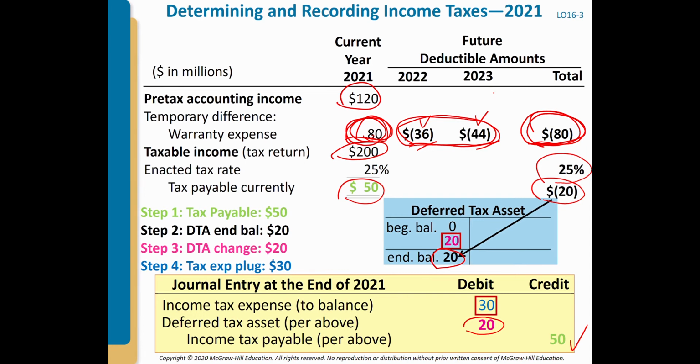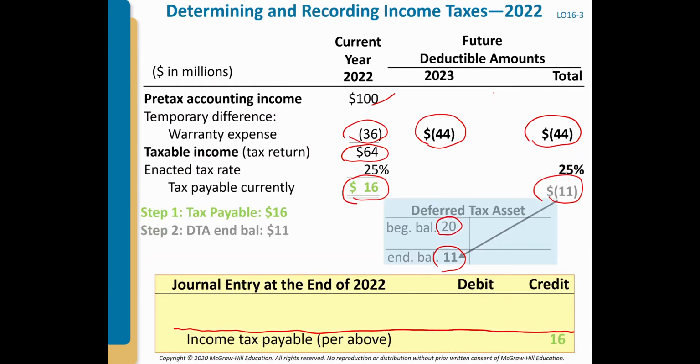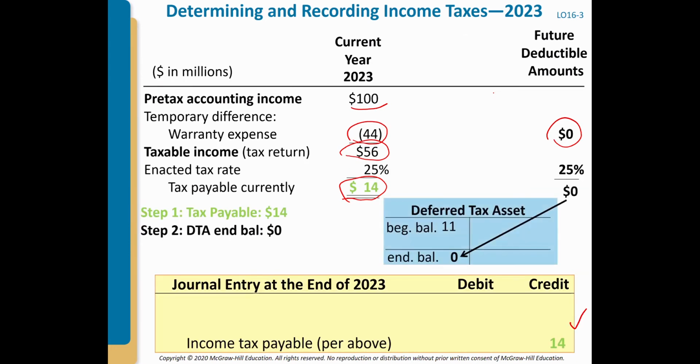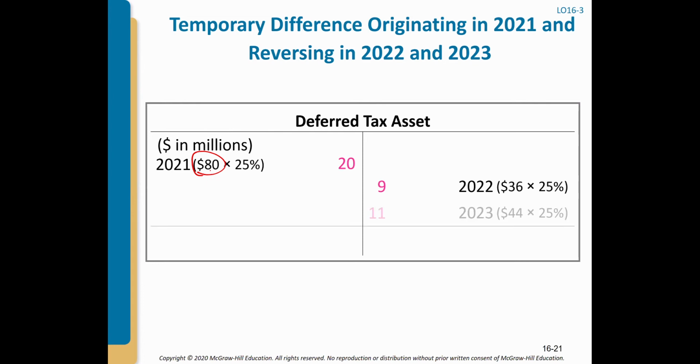Any questions about this example? So those are the 3 years. If you look at the deferred tax asset initially, it was 20, because the total future deductible amount is 80. Then in 2022 it decreases by 9, in 2023 it decreases by 11, and by the end it's going to be 0.